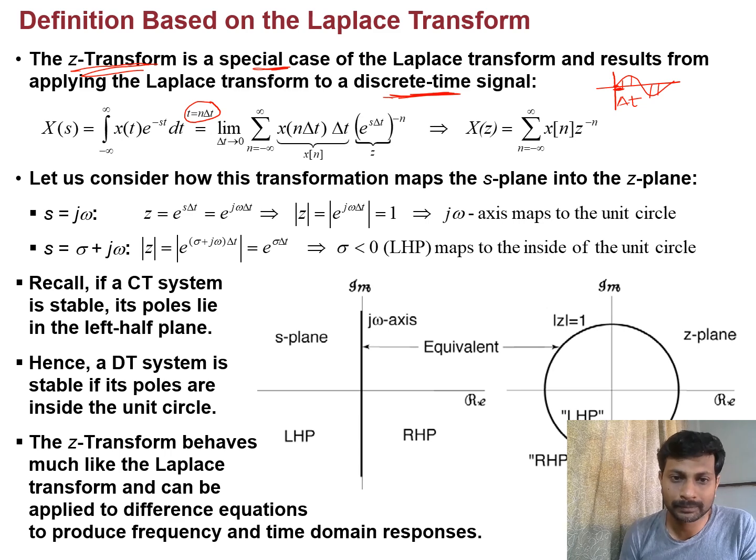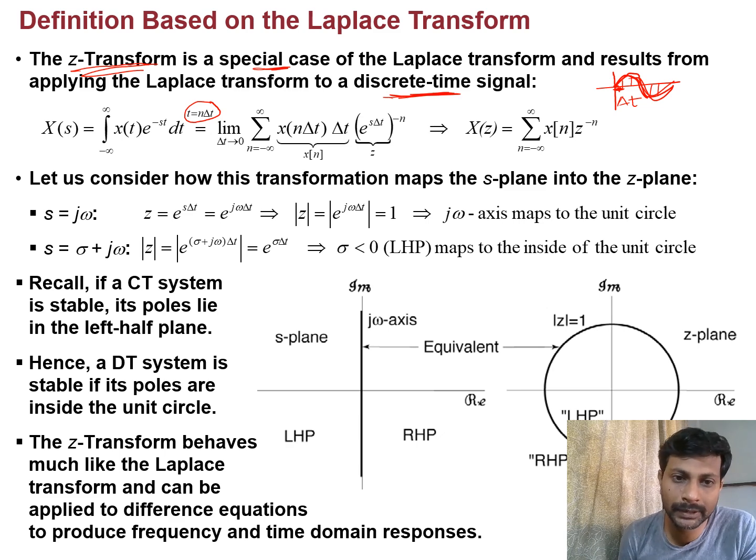So it changes to summation n equal to minus infinity to infinity, with the limit delta t tends to 0. That means the time interval between two samples is almost negligible. That is, the more samples we take, the smoother the signal will be.